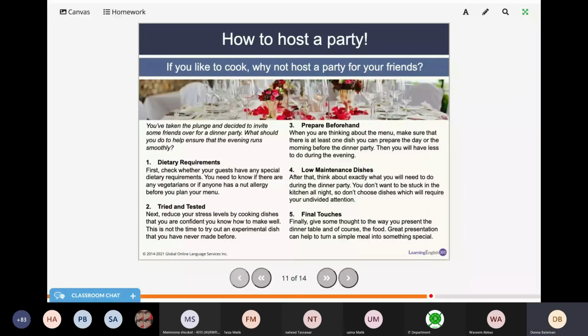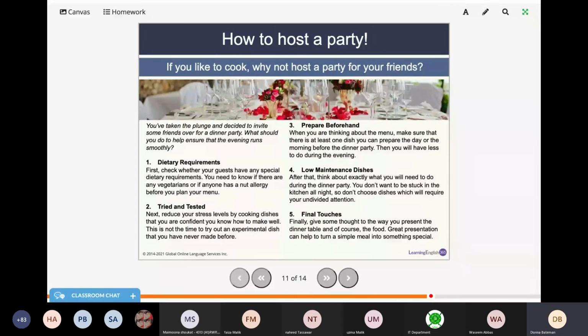Do you cook something or do you prepare something that you know how to make or you know that everyone loves? What can you do beforehand? Is there something you can prepare in advance? Or would you ask someone else to do something for you if you know they're good at it?